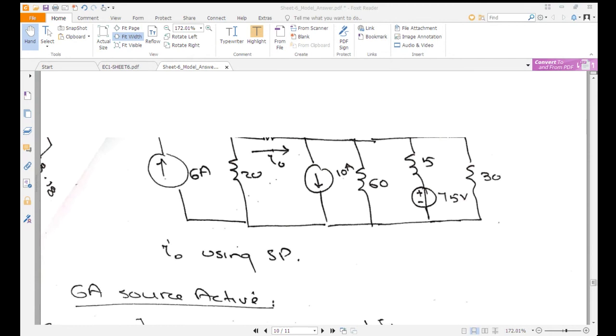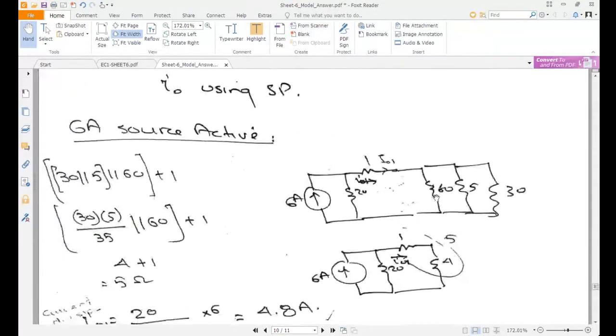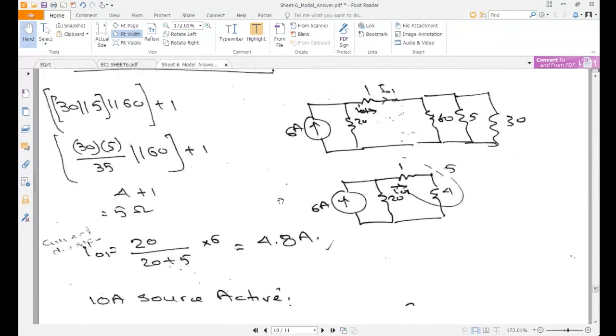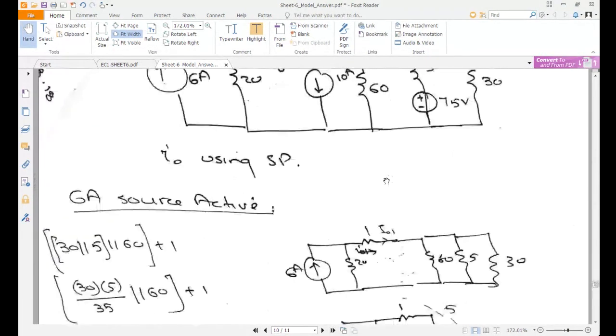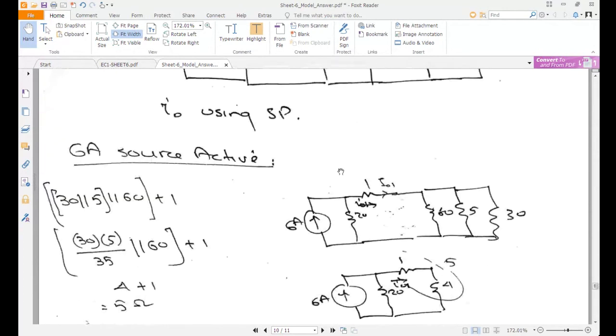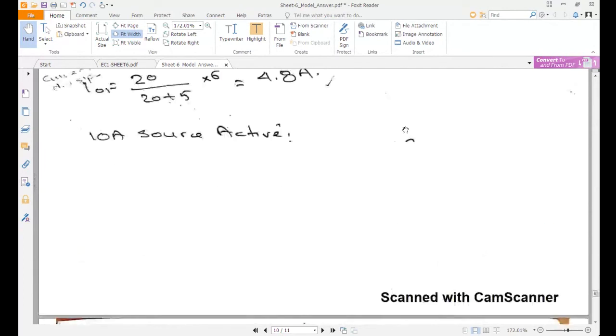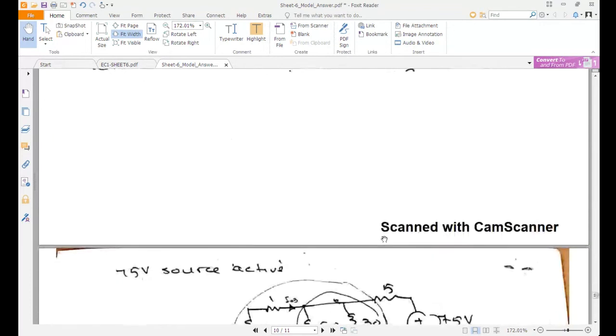This is wrong. 40 divided by 25, sorry, 1.6. Okay, so 1.6 multiplied by 10, 16. So this I2 is 16.